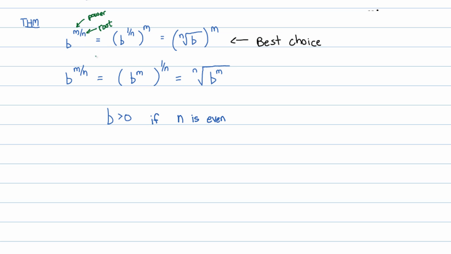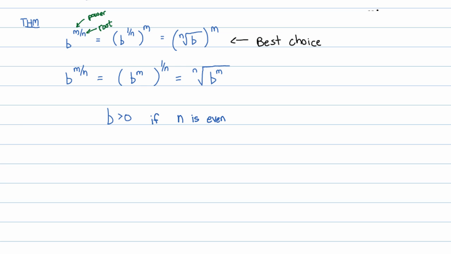So that's a problem. If n is even, then b has to be positive. Otherwise, if n is odd, b is allowed to be anything we want. So that's just a little heads up, and I'll try to draw your attention to that as we go through examples.